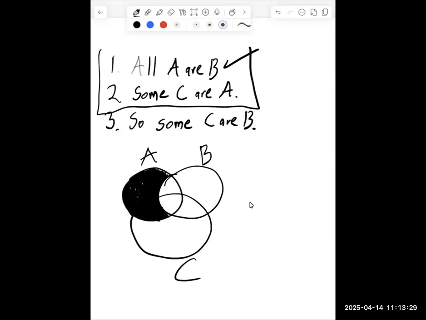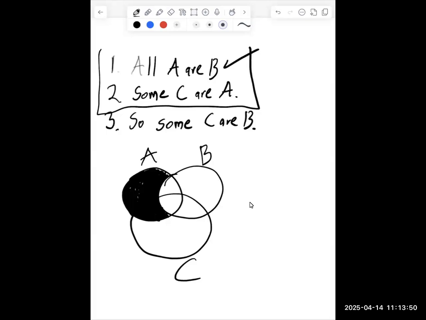And so you imagine that the person you're playing with wants to win. She wins if she can show a way that your premises are true and your conclusion's false, right? Your argument's not valid. So we have all A are B.